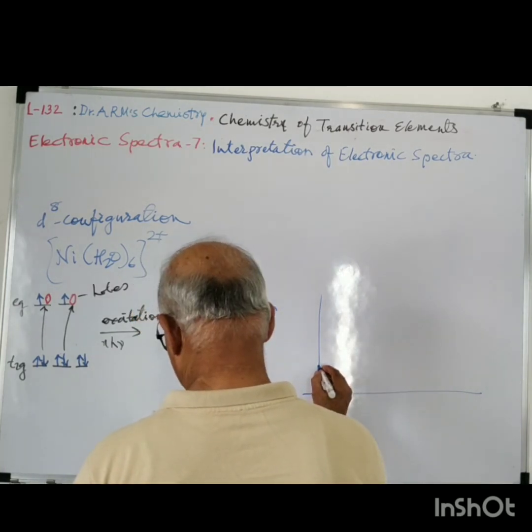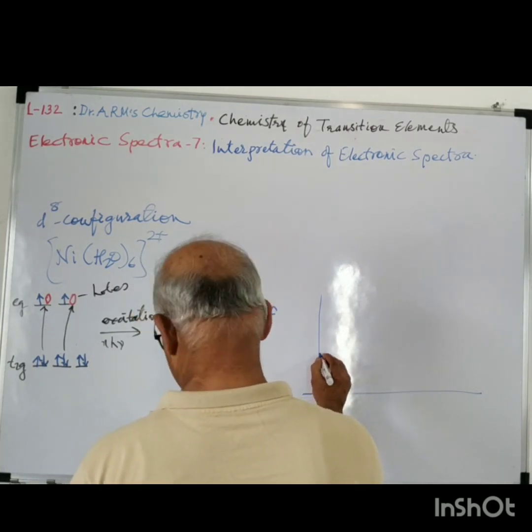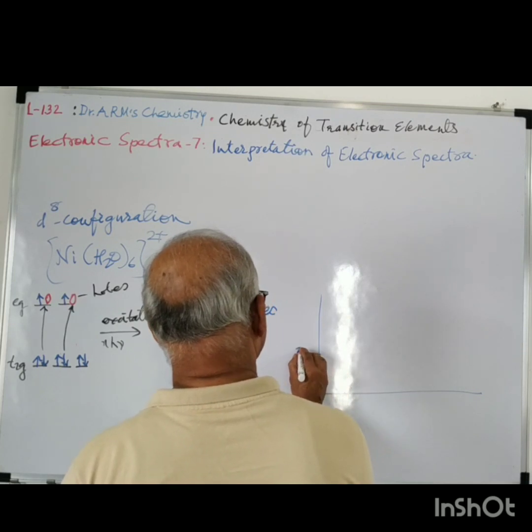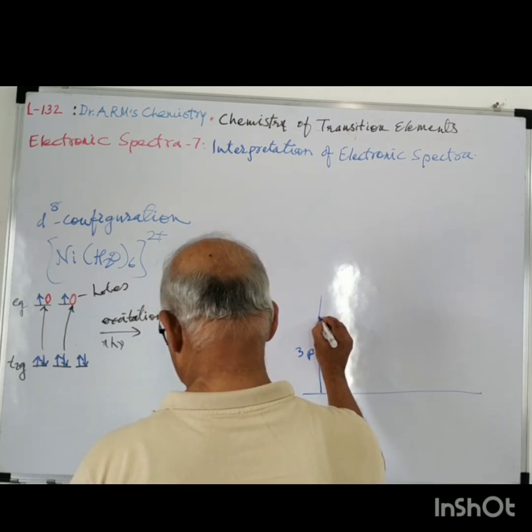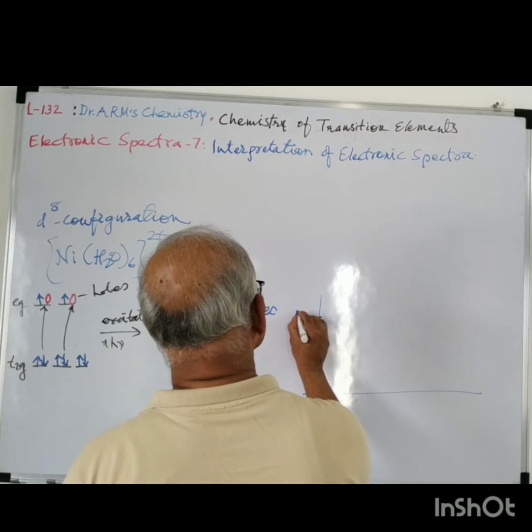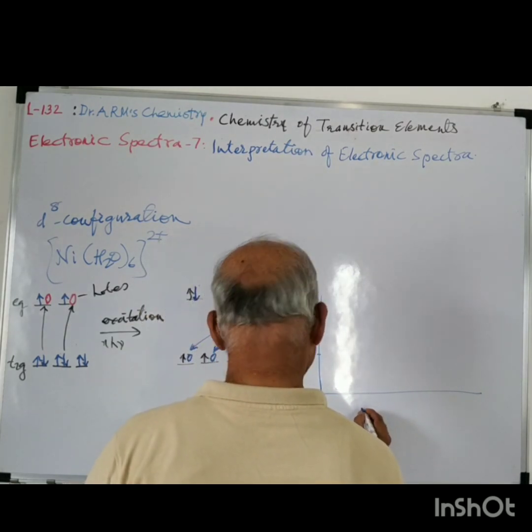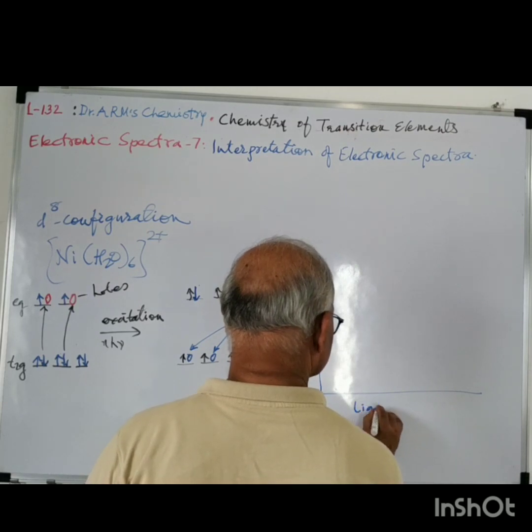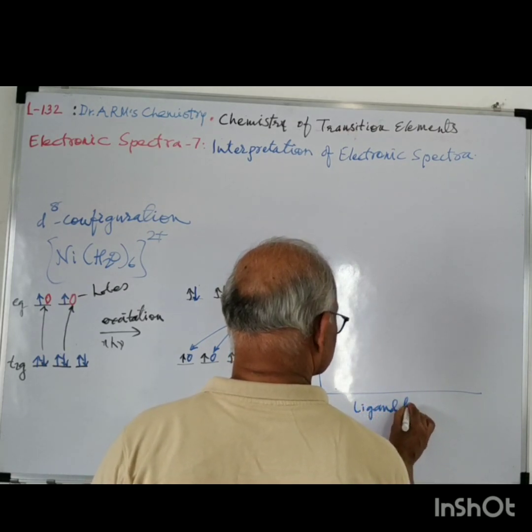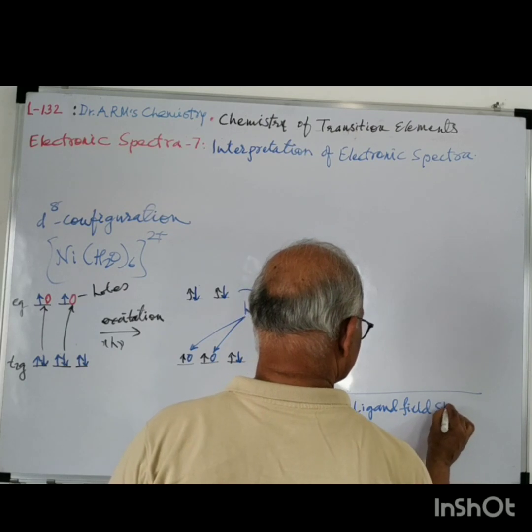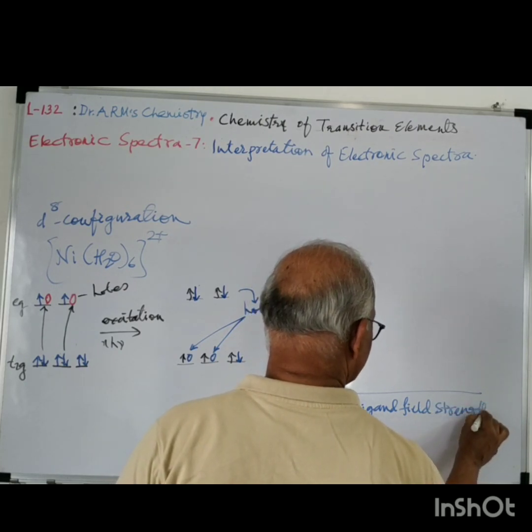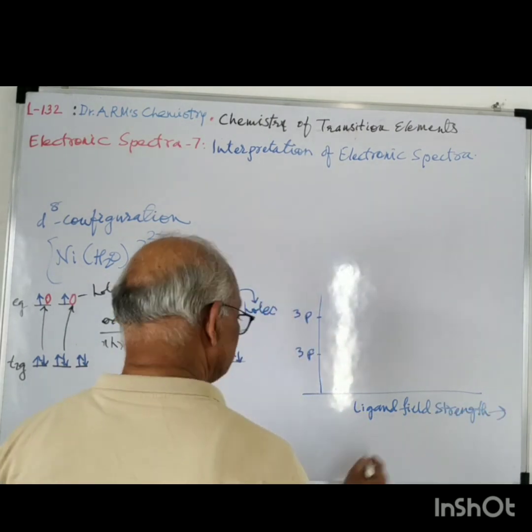So we are having here the triplet F and the triplet P, and the ligand field strength increases in this direction.